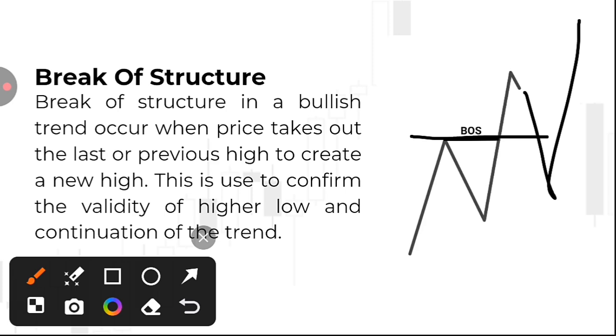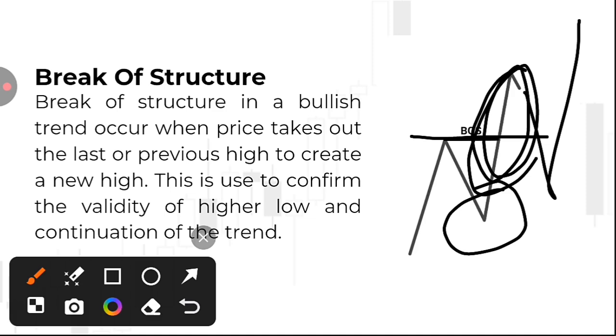Also, it is used to validate this higher low that we have right there. The higher low serves more like a root, a price level that causes this swing. Higher lows are expected to be protected. So when we have a break of structure to the upside, we don't expect price to trade back down into this low again.